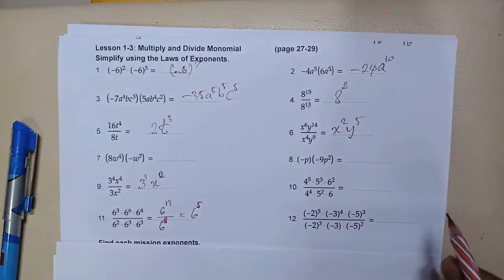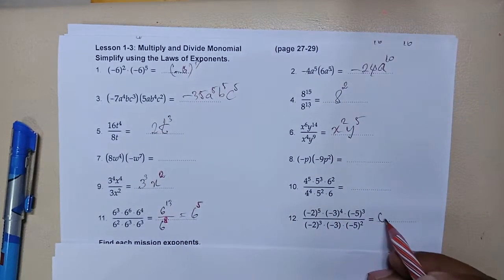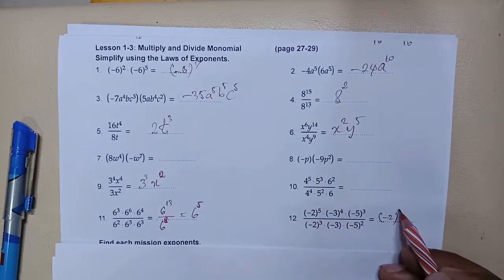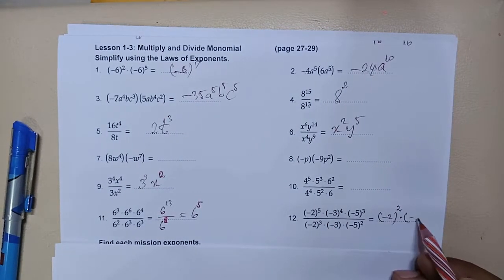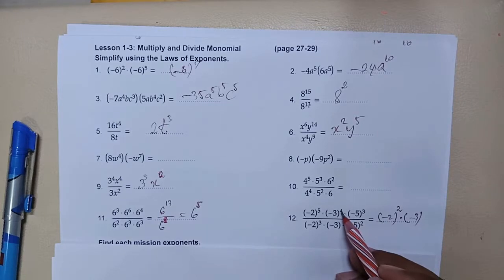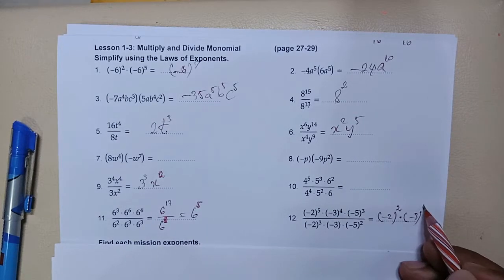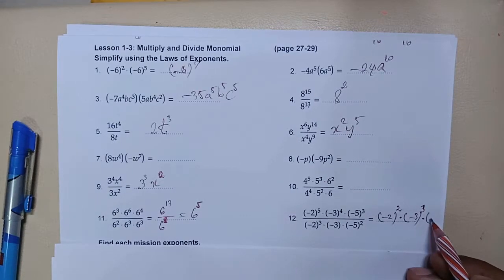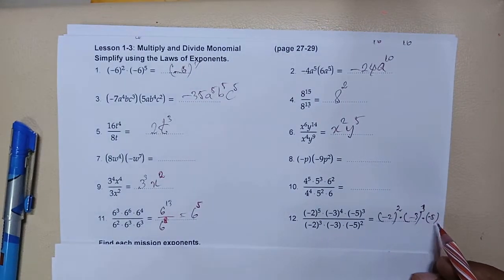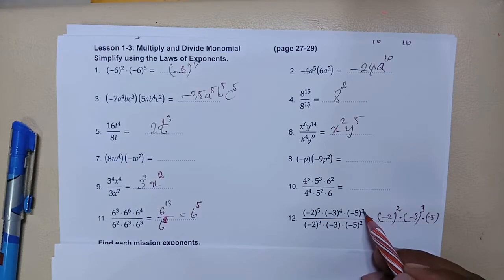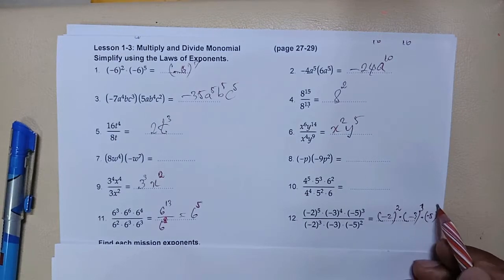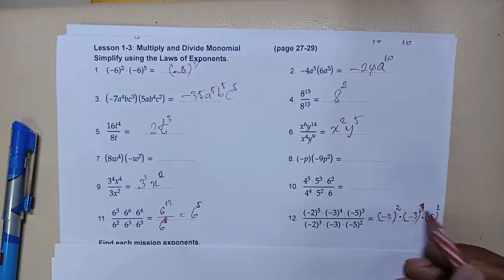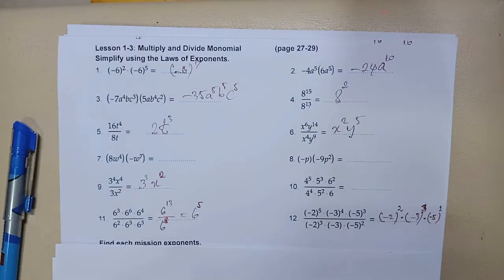The last one, last section, negative 2: 5 minus 3, you get 2. Negative 3: 4 minus 1, you get 3. And then negative 5: 3 minus 2, 1. This is 3, number 3 here over 3. See, as simple as that.